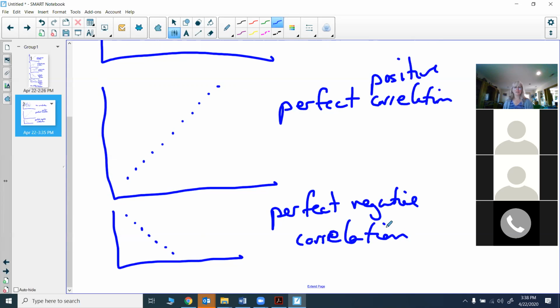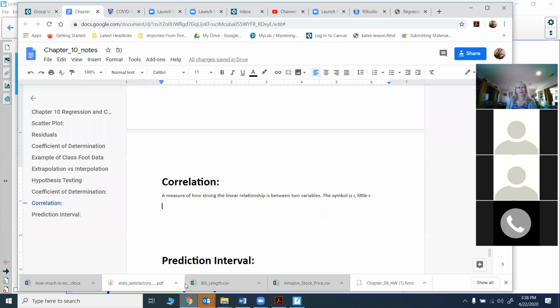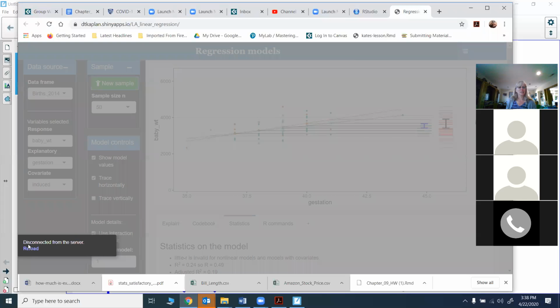Unfortunately, these quantifiers of positive, perfect, moderate and weak aren't great. We don't have any great idea for them. We want to have some kind of number, and this is where correlation comes into play. As you saw in the group work, there actually are numbers for these correlations. If I go back to my group work, back to this, and we'll go back here all together.